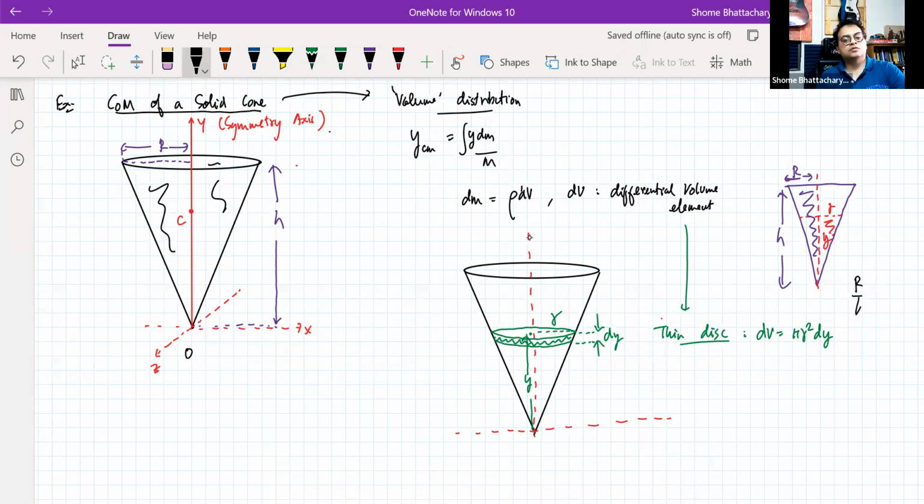R by H is equal to r by y. Yes, very good. Use this relation, so r will be R by H into y. So the volume of that disc you can write as follows.